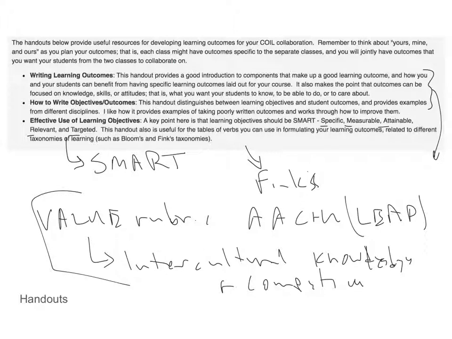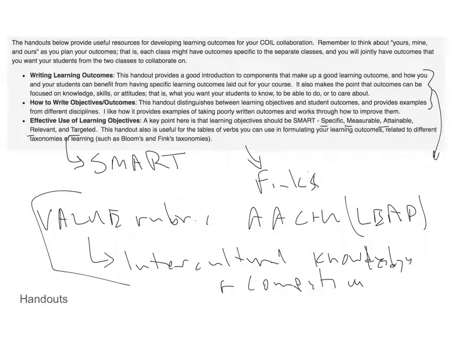So, look through those handouts, take some time to brainstorm with your partner about what topics you want to begin to focus your learning outcomes about for the collaboration and how they may be different or common between the two courses as you come to the collaboration.